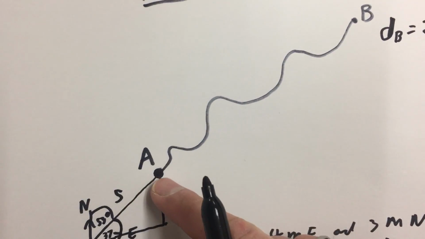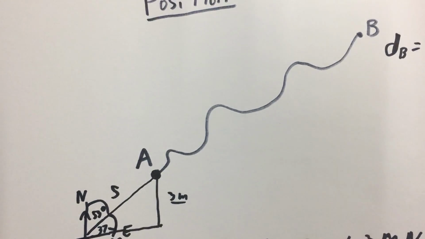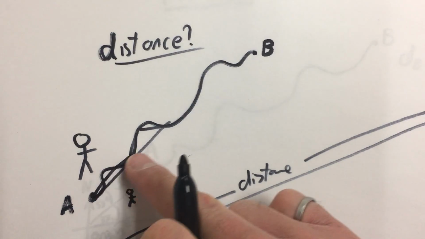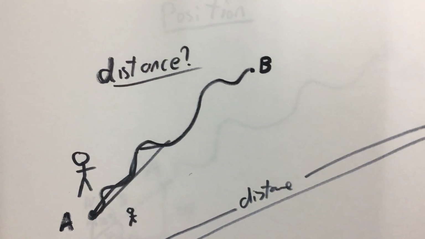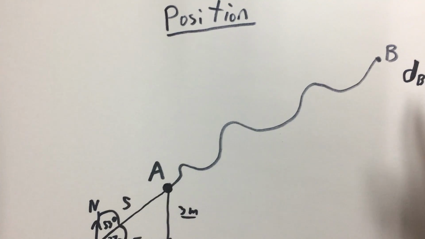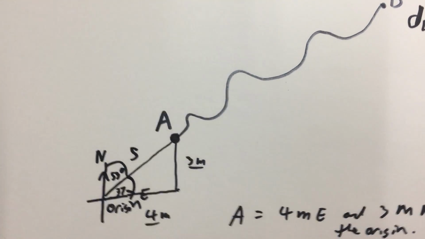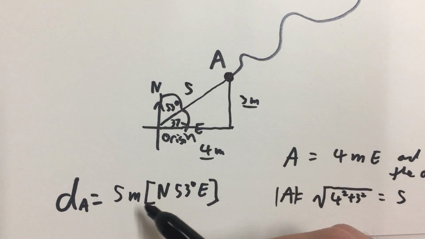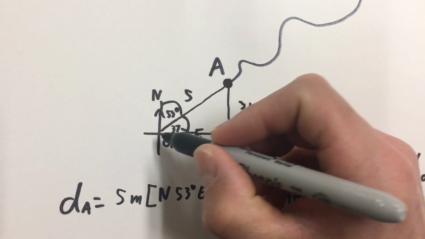So that same snake, as it went from point A to point B, we had a distance, which we would get by measuring the length of the curve after stretching it out. It had 2 positions. Position A, its initial position, which was 5 meters north, 53 degrees east of the origin.